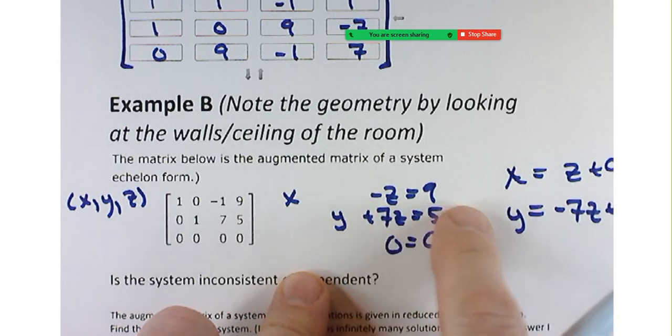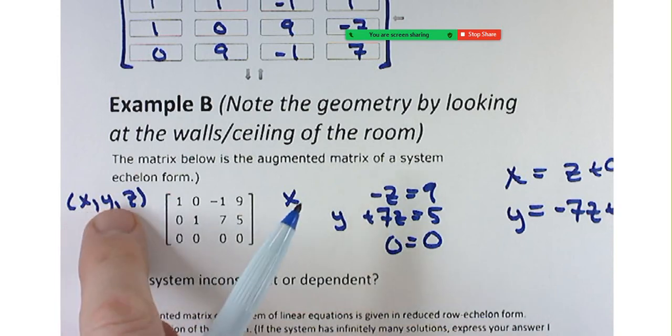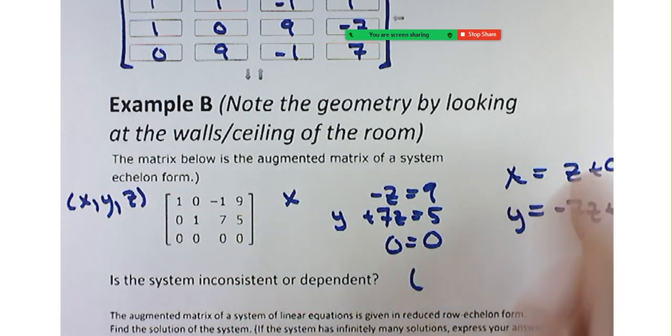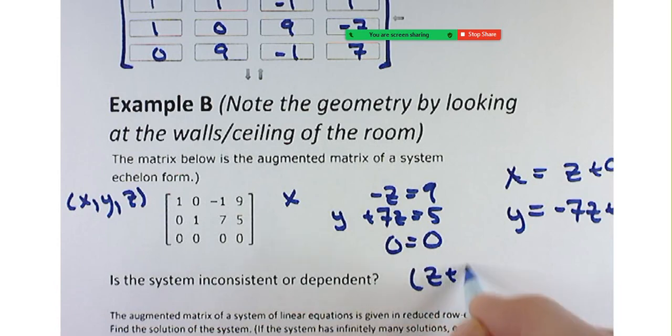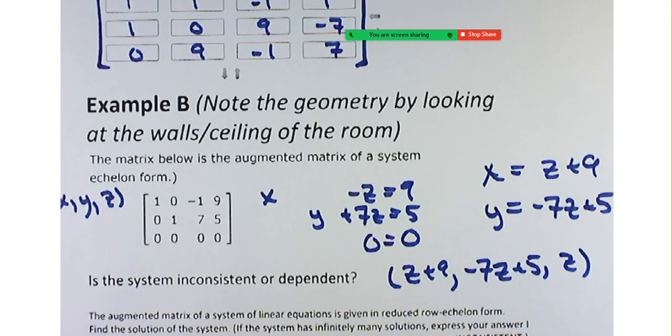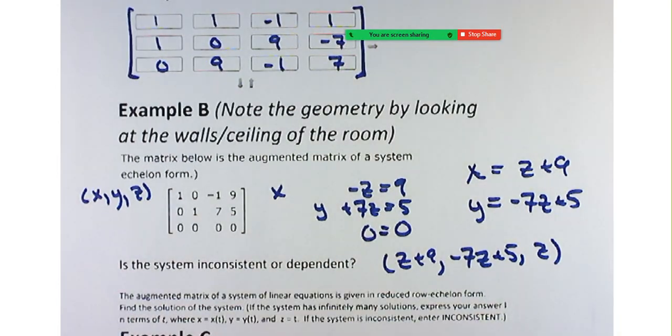Moving the z to the other side, it changes signs, just like the 7 did. So instead of x, y, and z, I can write z plus 9, and then -7z plus 5, and z.